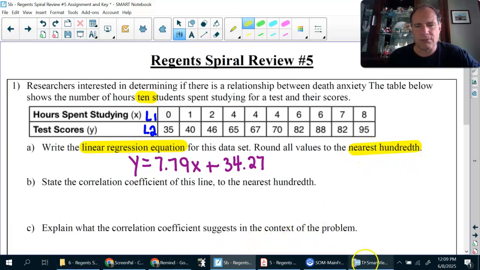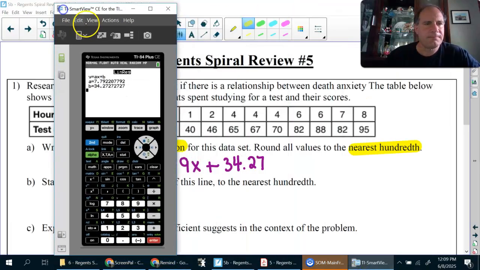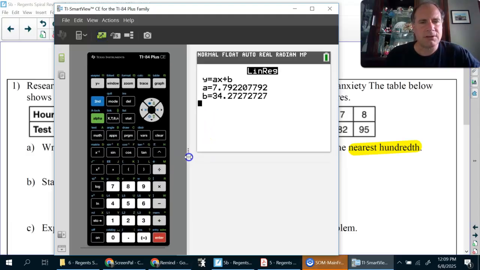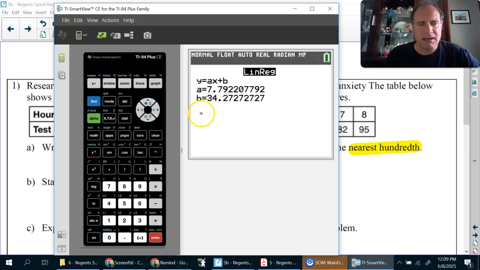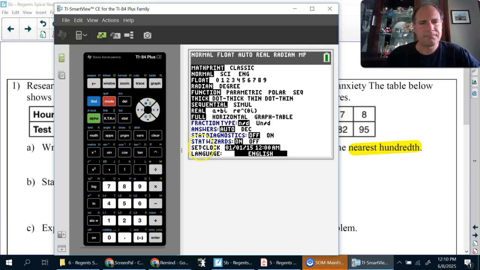So you might notice that there is no correlation coefficient on my calculator. So I'm going to open this up just a little bit so you can see the R is missing. Remember, correlation coefficient on the calculator is R. So I'm going to press mode. And in this mode, you see stat diagnostics, it must be on.